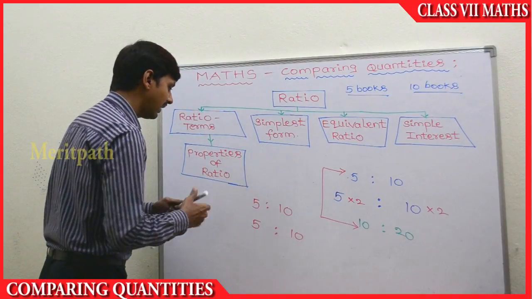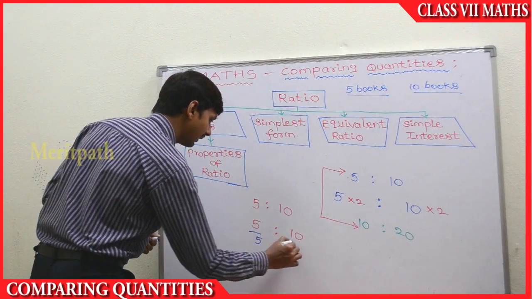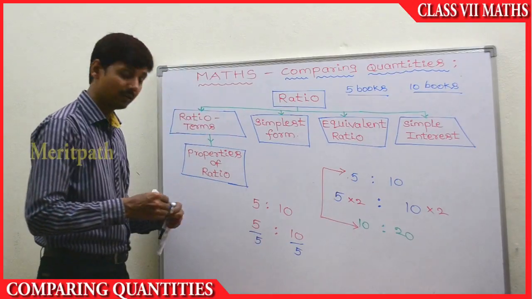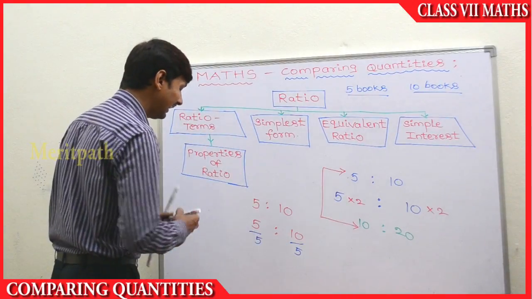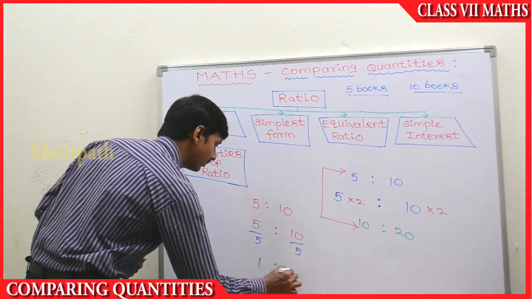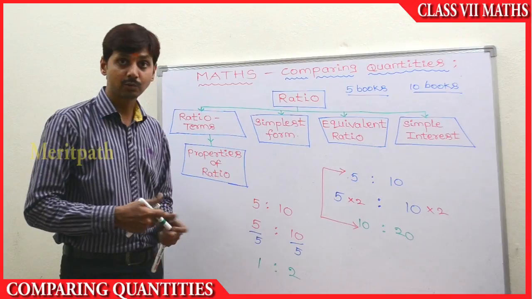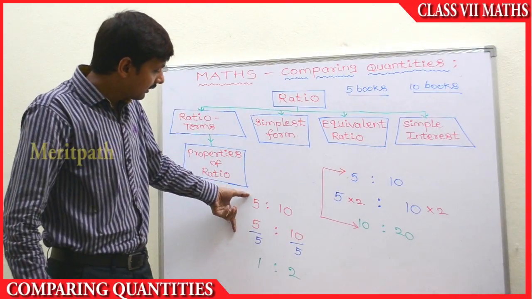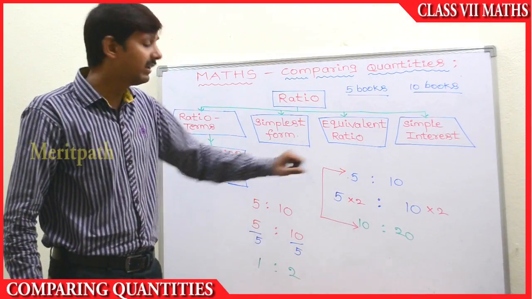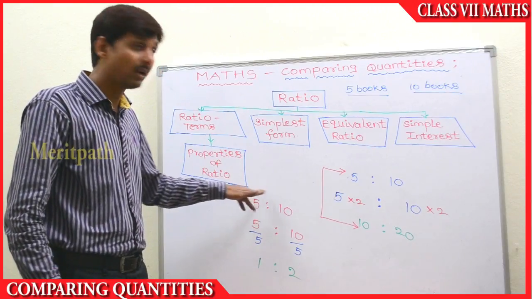So divided by 5 and divided by 5, we get 1:2, because 5 by 5 is 1 and 10 by 5 is 2. So we got 1:2. What we understood is that this is 5:10, which we discussed before, and this is 1:2.